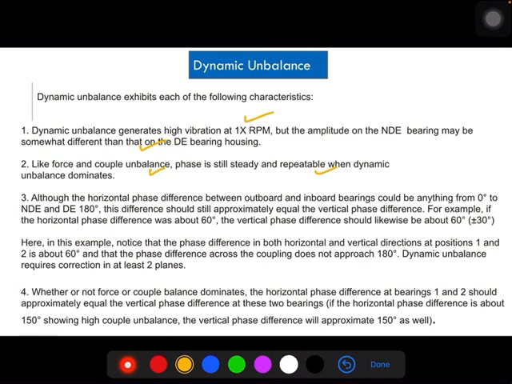Means horizontal and vertical phase differences are almost the same. Whether or not force or couple unbalance dominates, the horizontal phase difference between bearing 1 and 2 should be approximately equal to the vertical phase difference. So these are some of the characteristics of the dynamic unbalance.